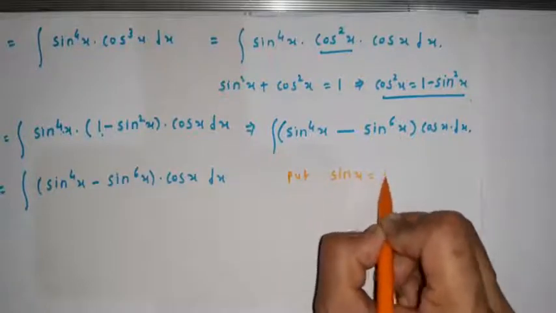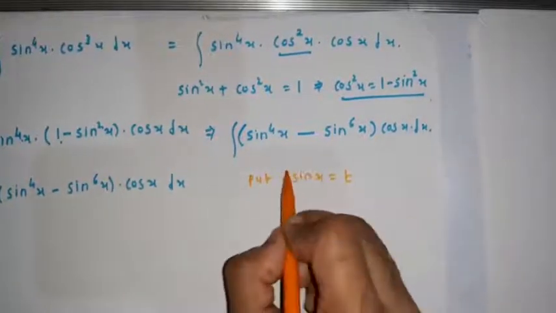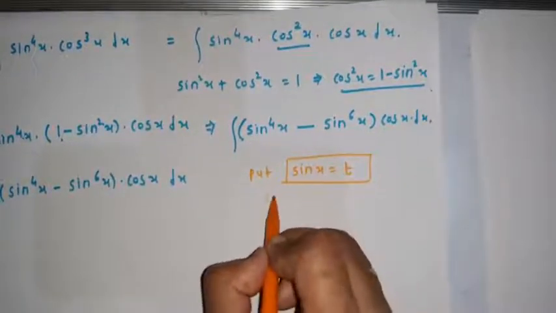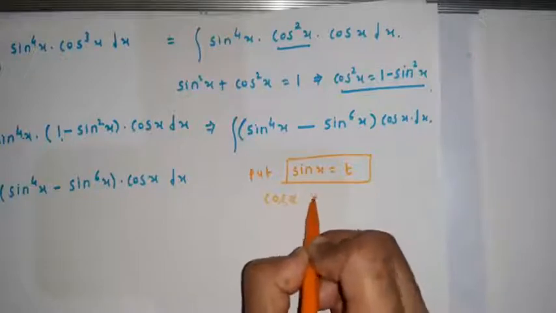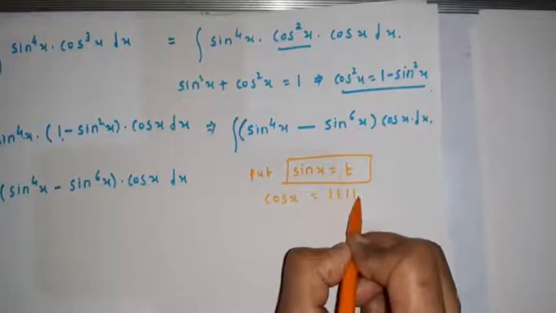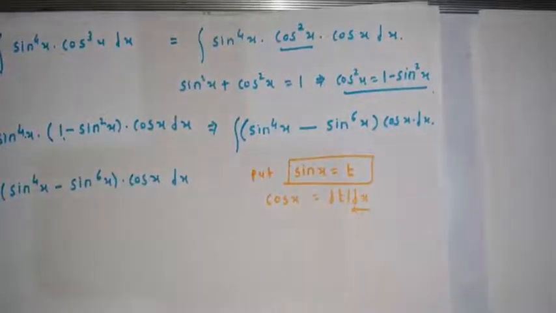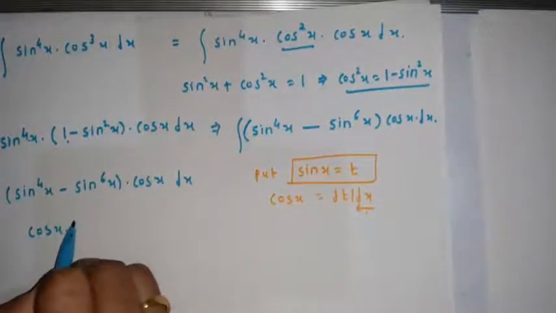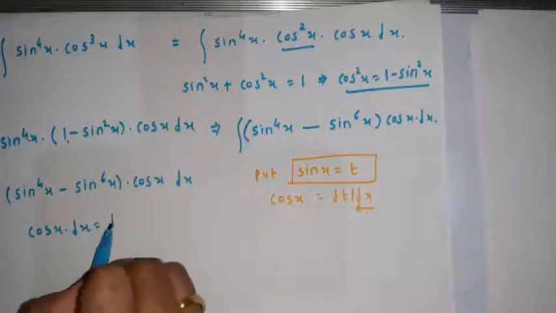That is, put sin of x equal to t. Whatever is our substitution, please differentiate it, and the differentiation of sin x we can write directly as cos x into dt by dx. So shift this dx to that side, we will get cos x into dx equal to dt.